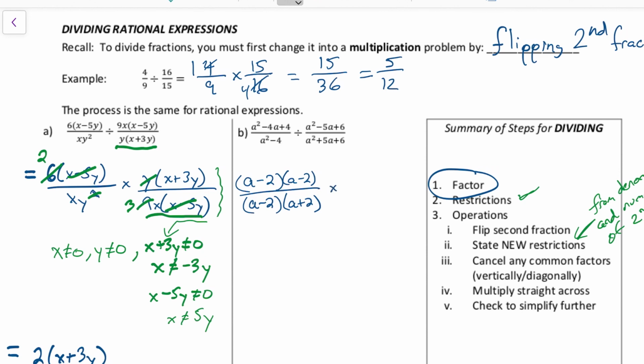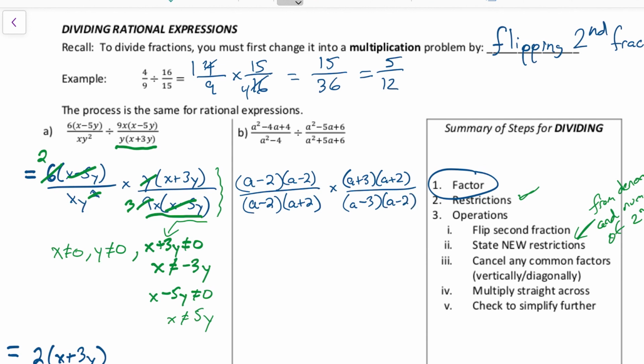Then I'm going to flip the second fraction, and I'm going to factor them. So just watch out, this denominator now becomes the numerator. So two numbers that multiply to give 6 and add to give 5. So a plus 3, a plus 2. And then the denominator, I guess that's going to be a minus 3, a minus 2.